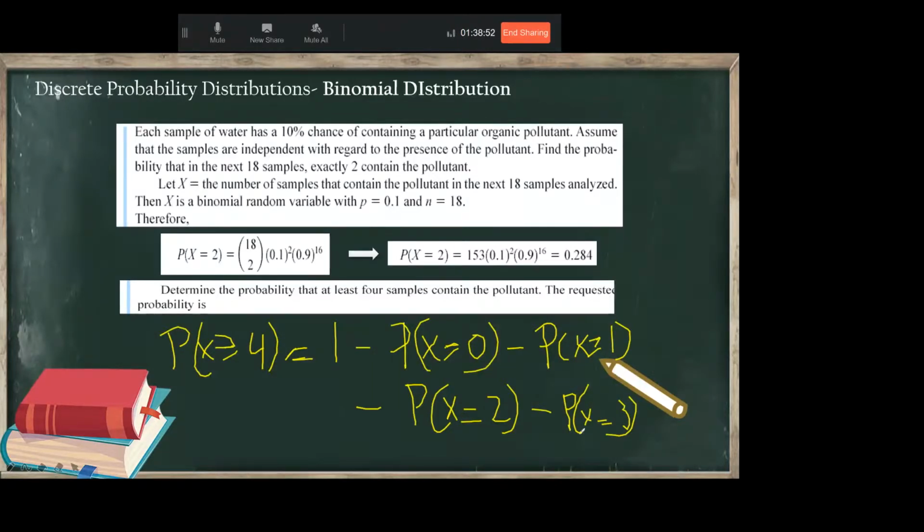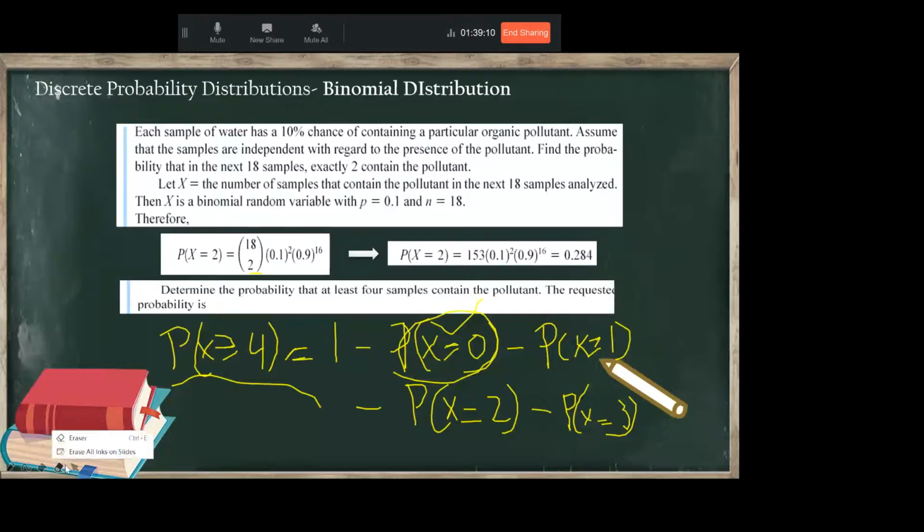So when you calculate this one, you just put in the same values, X is 0 and 1 and 2 and 3, and you can solve it. You can also find the whole probability distribution.